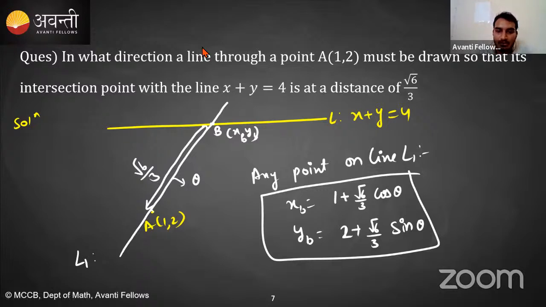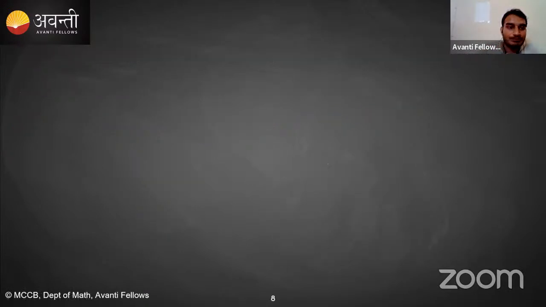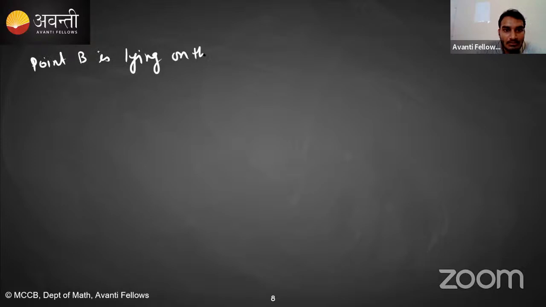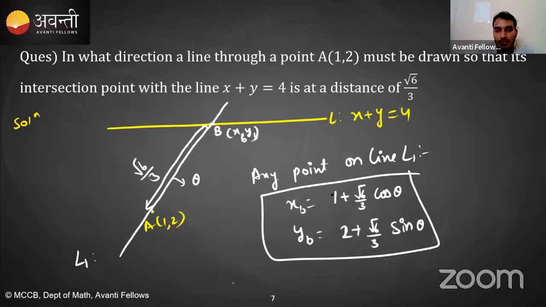Is this clear? Okay. So now, as you know, this point B is lying on the line L also. So point B is lying on the line x plus y plus 4 is equal to 0, right? So now just put this point.